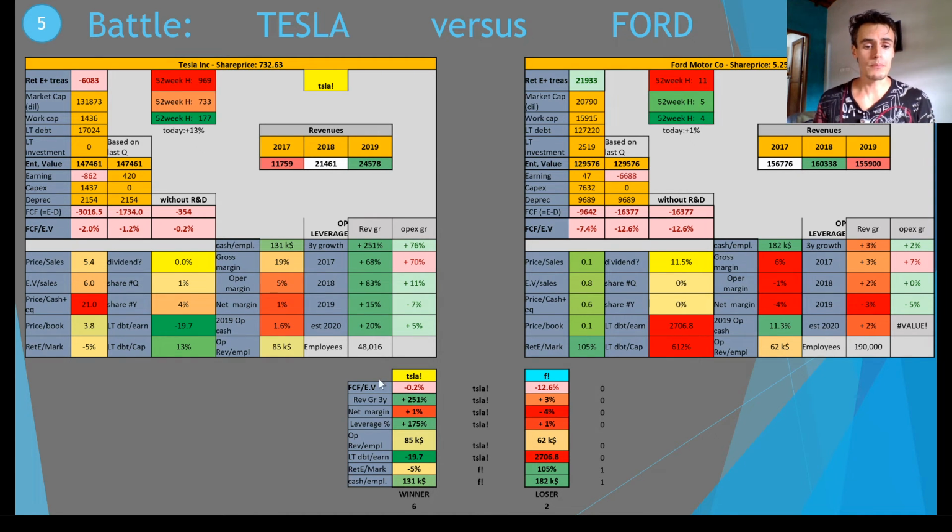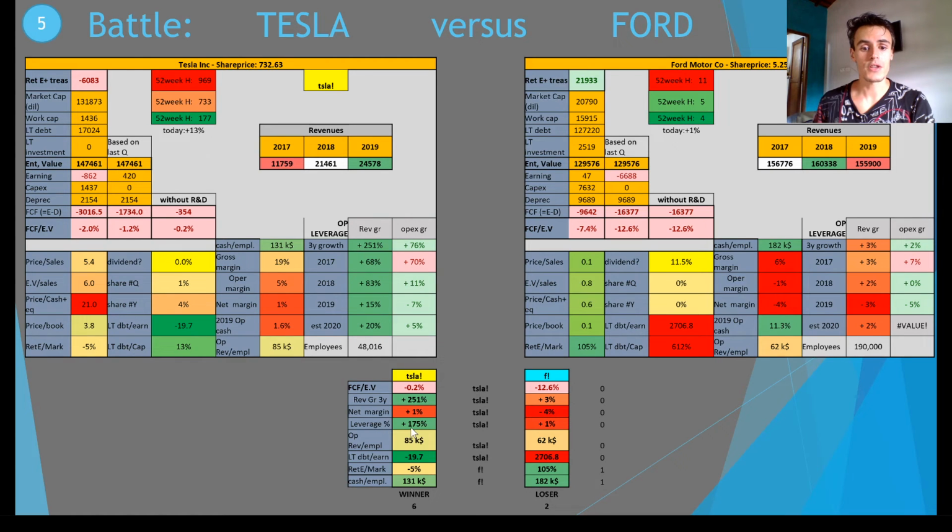My criteria are, first, free cash flow by enterprise value: Tesla, much better. The revenue growth over the last 3 years: Tesla, much better. The net margin: also Tesla, slightly better than Ford.